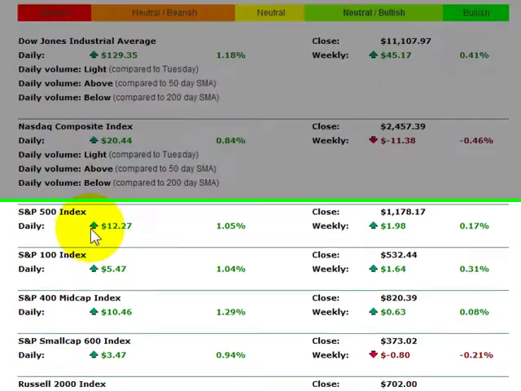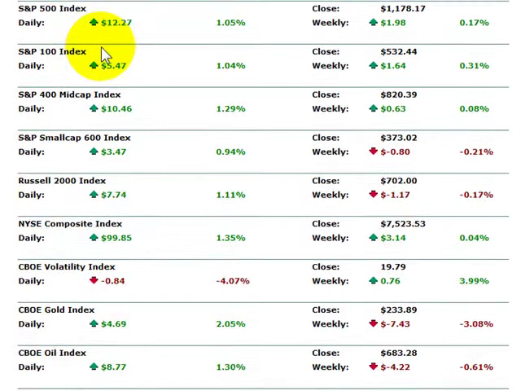Then you take a look at the secondary indexes, and the 100 best stocks out there, shown by the S&P 100, gained 1.04%. Mid cap, shown by the S&P 400, 1.29%. Small cap, shown by the S&P 600 and the Russell 2000, two different perspectives on small caps, gaining 0.94 and 1.11%. The New York Stock Exchange Composite Index gained 1.35%.